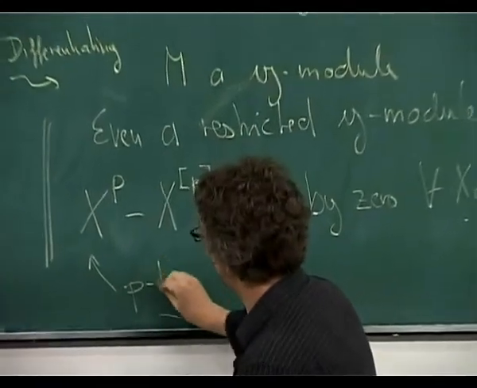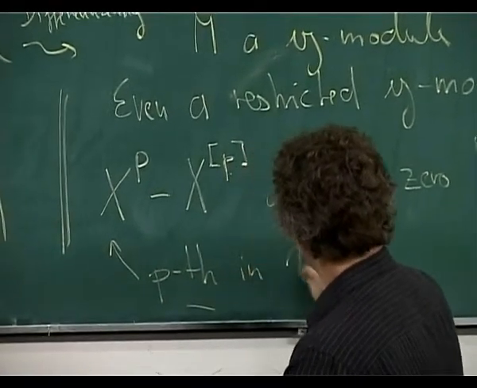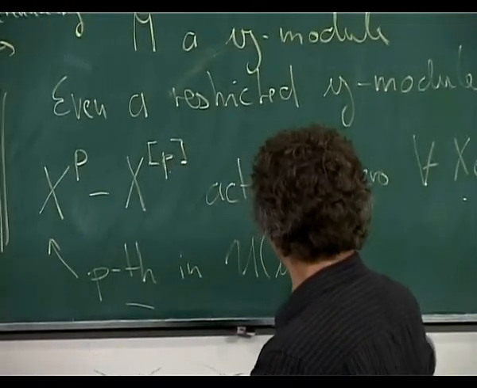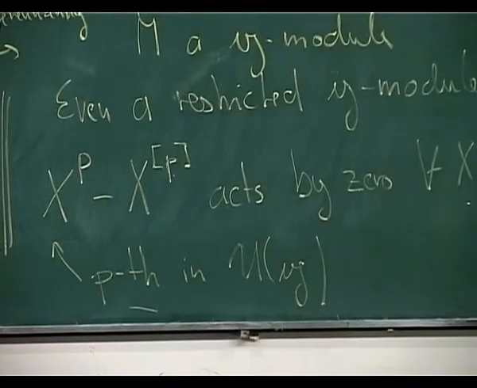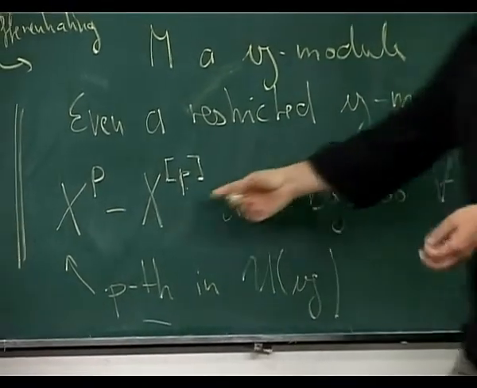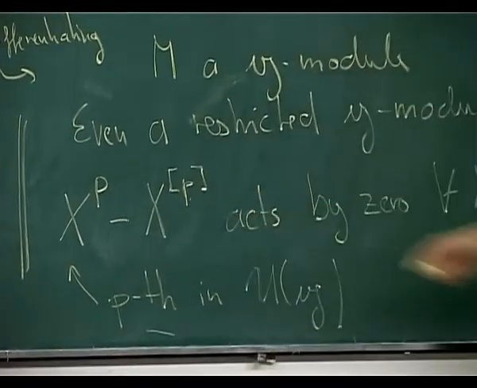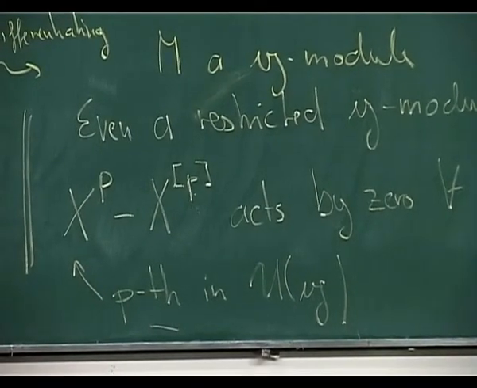This is the p-th power in the universal enveloping algebra of the Lie algebra, and this is our additional assumption. So this will act by 0.